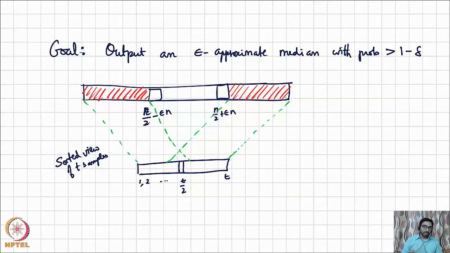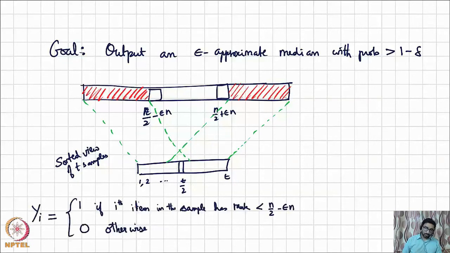So the question now is, what is an appropriate value of T such that these two bad events can be avoided? For that, let us define a random variable. Yi is our random variable, and it's equal to 1 if the ith item in the sample, now you just think of the sample as being ordered in some way, not necessarily sorted, has rank less than n by 2 minus epsilon n.